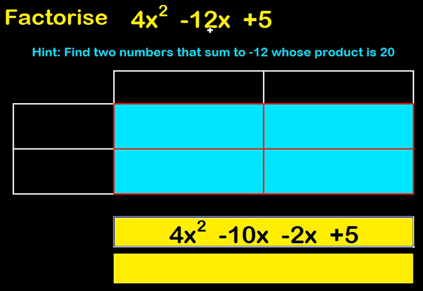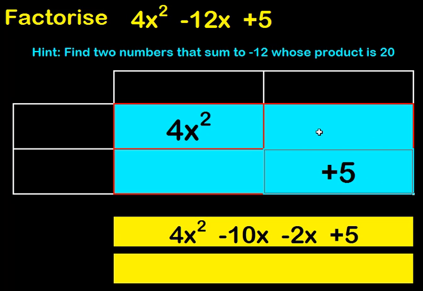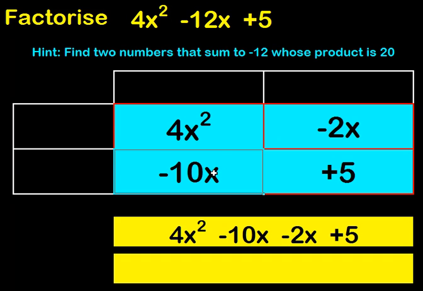So if we put that expression now, it is exactly the same as we've got here. We've just split that minus 12x into minus 10x and minus 2x. So we've got 4x squared there in the top left, bottom right is 5, and the two diagonals add together to give minus 12x. So we now need to factorise here. We'll factorise horizontally this time. 4x squared minus 2x, we can take a 2 out and we can take an x out.